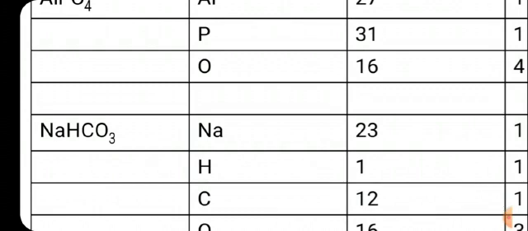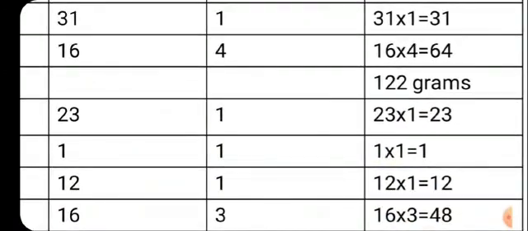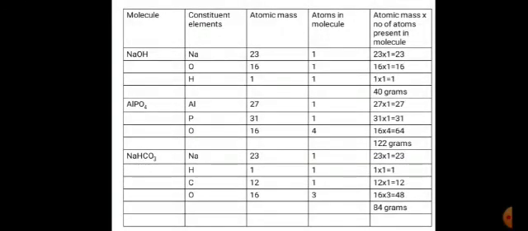Now 23 is multiplied by 1, and that is equal to 23. 1 multiplied by 1 is 1, 12 multiplied by 1 is 12, and 16 multiplied by 3 is 48. Now add all these atomic masses together. 23 plus 1 plus 12 plus 48 is equal to 84 grams, or 84 Dalton is the molecular mass of sodium hydrogen carbonate. I think everyone has understood clearly how to calculate molecular mass of compound.